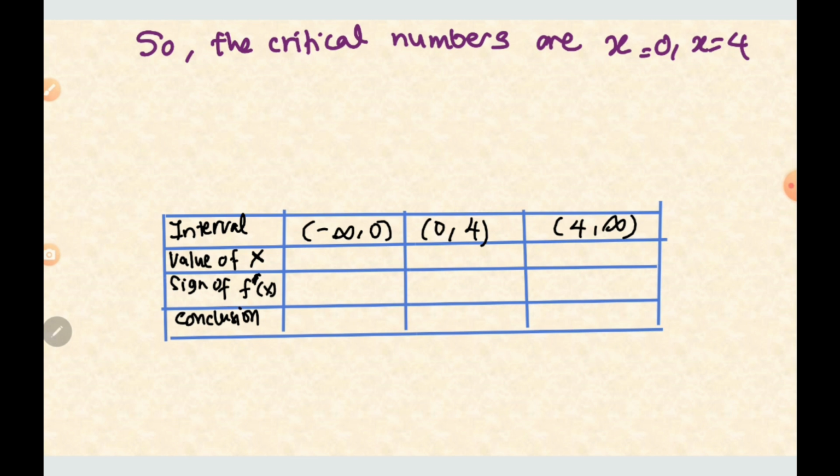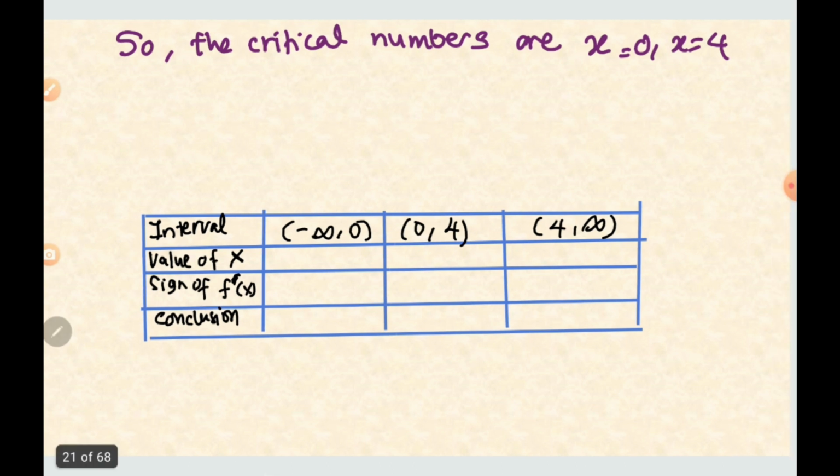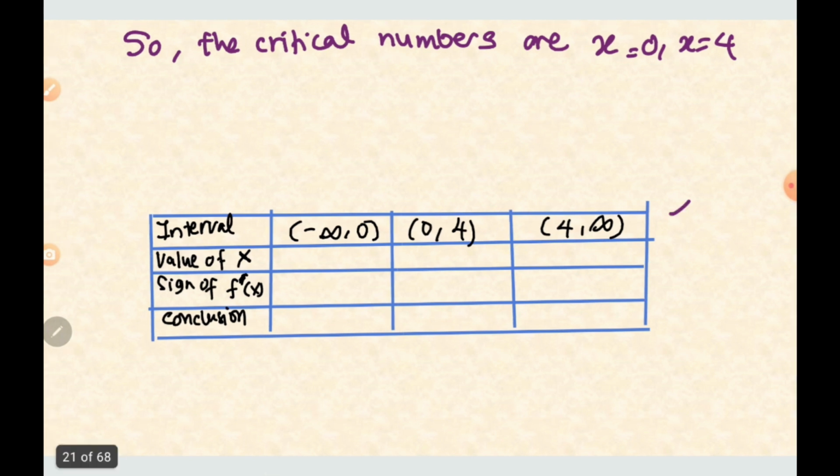Okay, then we need to set up the table. Then we have to draw the table like this, and I have to choose the value for x here, maybe negative 1, 2 and 5 here. Then you substitute into f prime x, and you will get the answer.